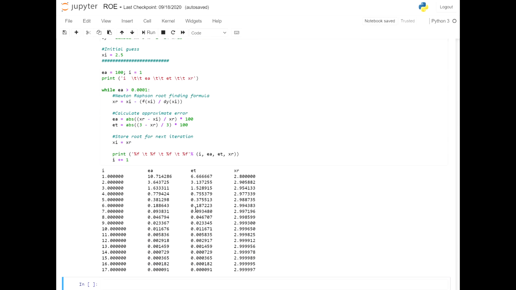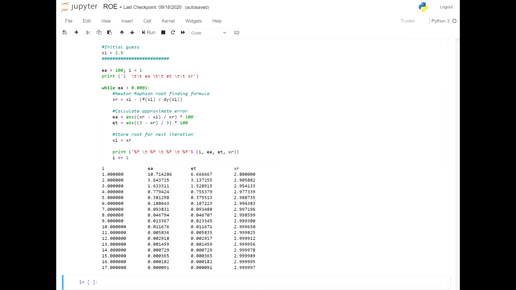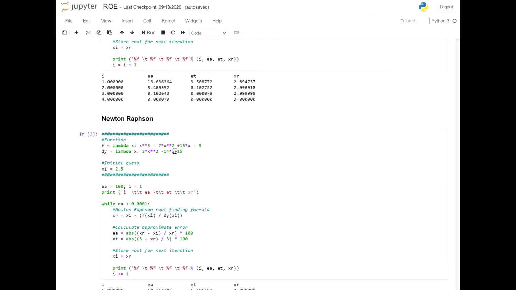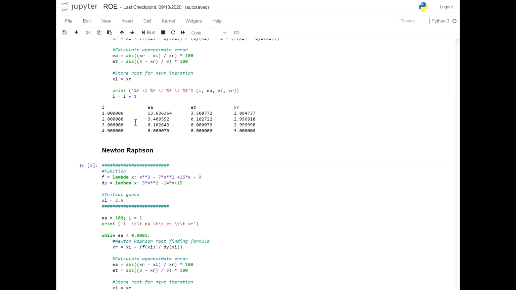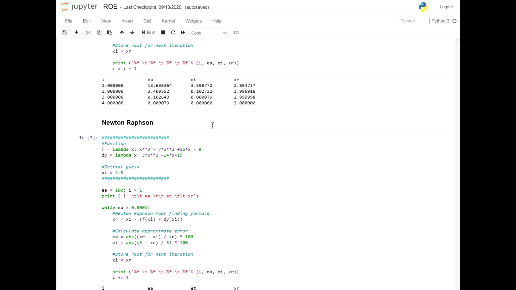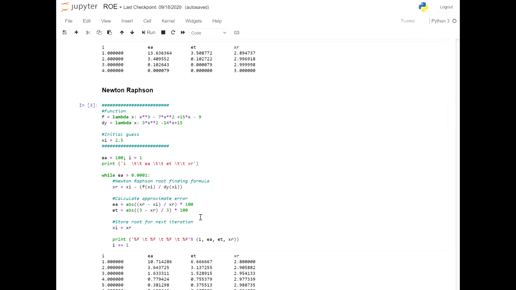So even after 17 iterations of the conventional, it didn't reach even the accuracy of the modified. It is pretty impressive, and this shows you the power of a quadratically converging technique as opposed to a linearly converging technique.